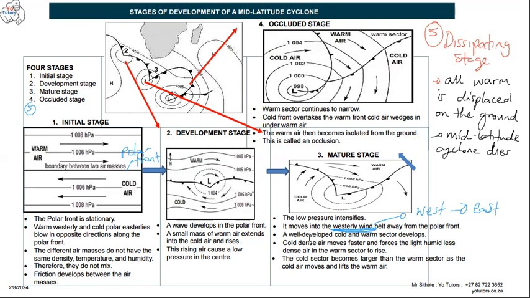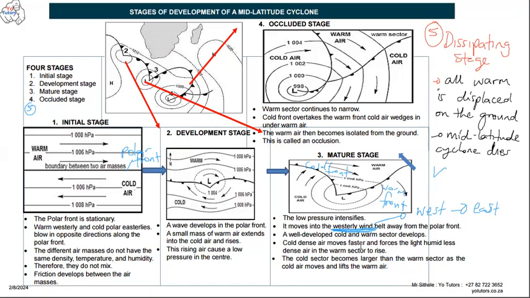So a well-developed cold and warm sector develops. The mature stage is indicated by a V structure, showing you the cold front. A clear cold front and a clear warm front. That's what you must see in the mature stage. So we see the V shape, and that shows us that that's the mature stage.